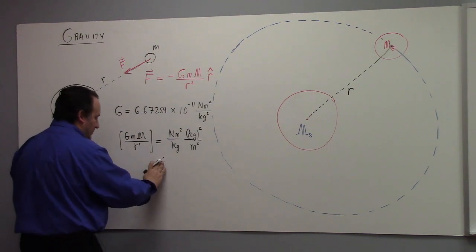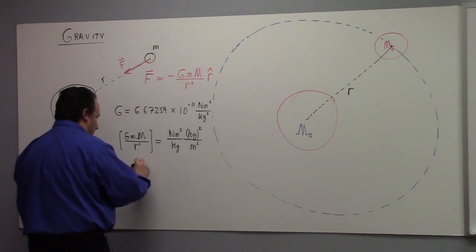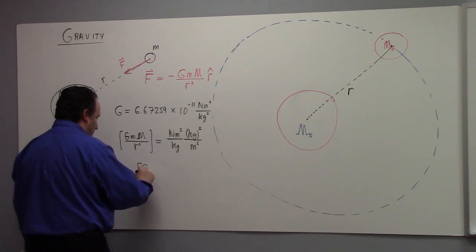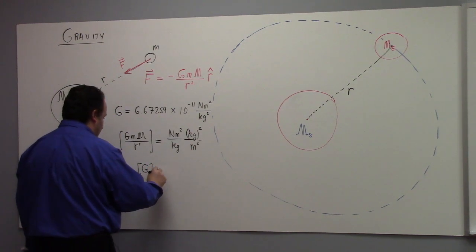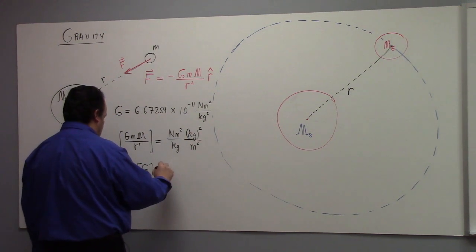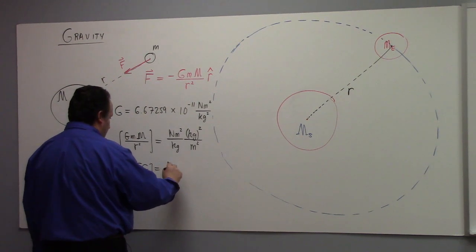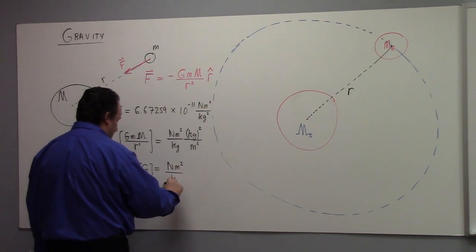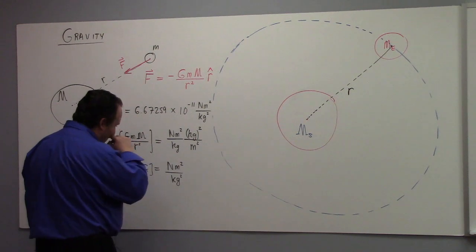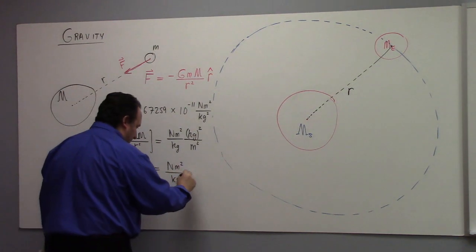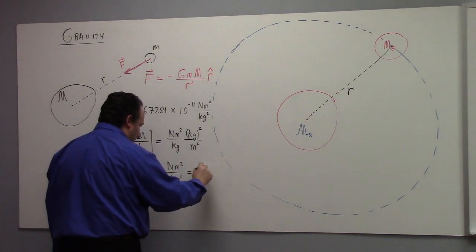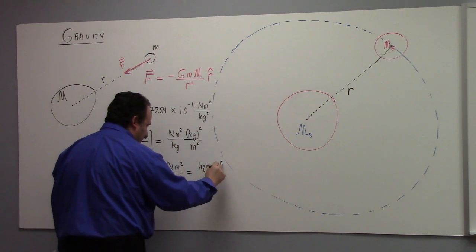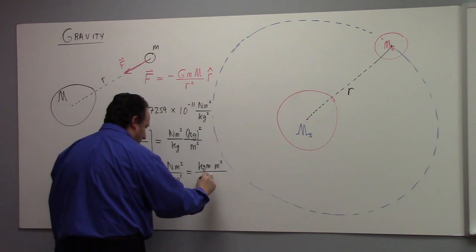Well, anyway, the units on G have to be Newton meters squared over kilograms squared. If we work that out, that's a kilogram meter over seconds squared, times meters squared, over kilograms squared.